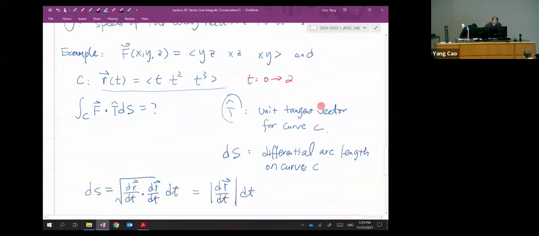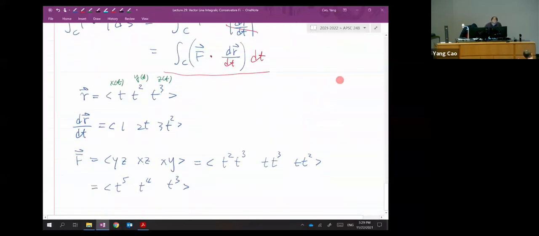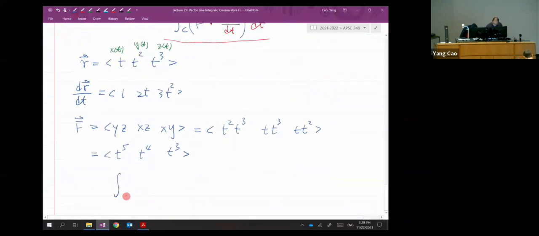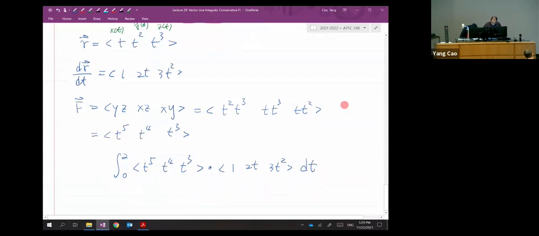So then last step, you plug everything into this vector line integral. Okay, t goes from 0 to 2. You are doing the dot product of f dot this dr over dt, and then dt. Okay. So dot product, I think everybody should be able to calculate.